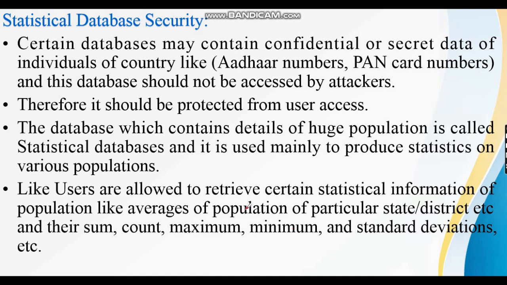Statistical information of population means what? It is going to have the average number of population of that particular state or district, or we can say the count of the population, right? So this is what statistical databases are.